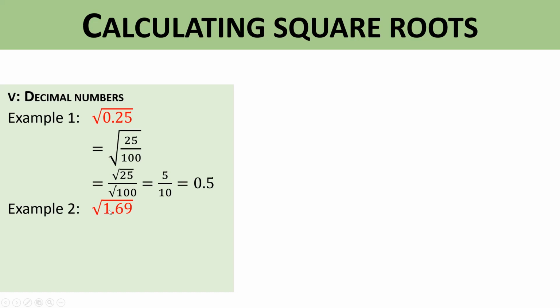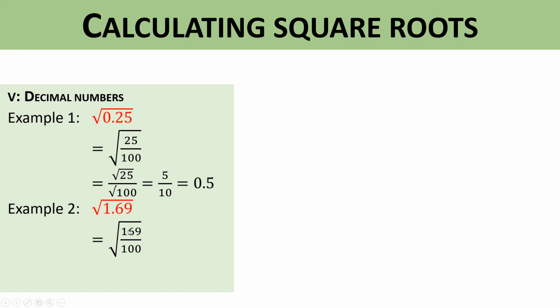Similar example, the square root of 1.69. I recognize that there is the number 169 somewhere here, which is 13 squared. But something happened to it. What happened? Well, we moved the decimal point by 2 places, so we divided by 100. So we can rewrite this as 169 over 100.